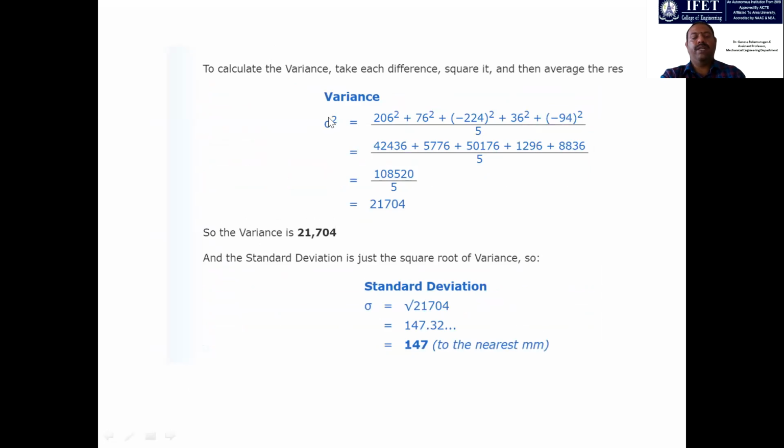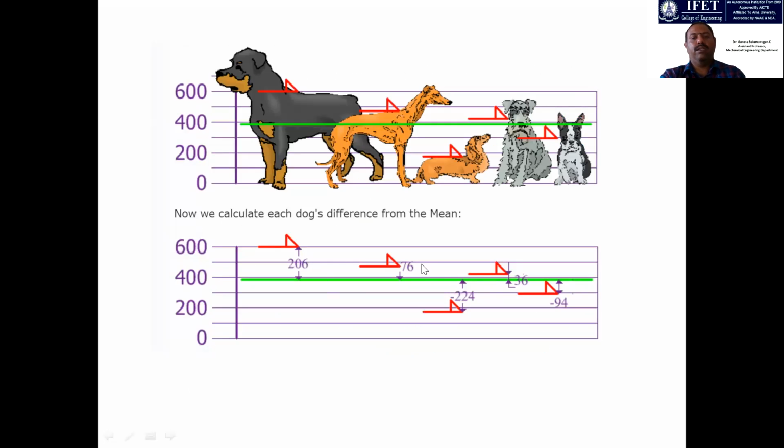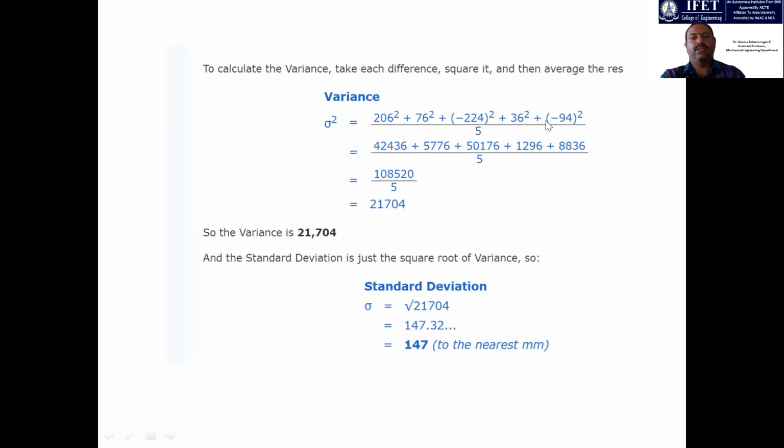Then we have to find the variance. So we have to square the deviations and sum them up: 206 squared, 76 squared, minus 224 squared, 36 squared. All the deviations are squared, and you find the squared values and divide. What is variance?